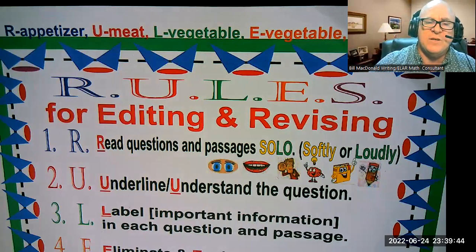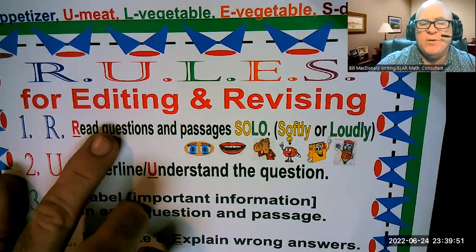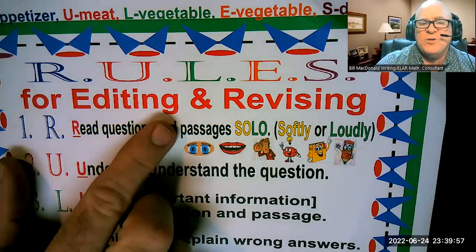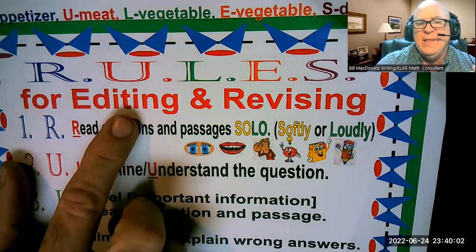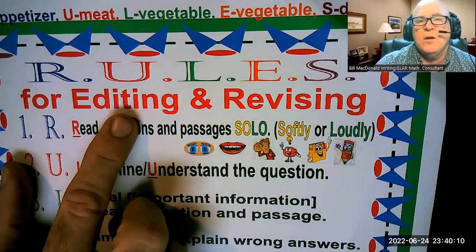And the first thing that your kids should do is read the questions, because in editing and revising, I'm going to be showing you in the revising part how to go from simple to complex. The editing questions usually only ask about 1 or 2 sentences in the entire passage. So even if it has 50 sentences, they might only ask you about 3 questions, about 3 sentences from those 50.